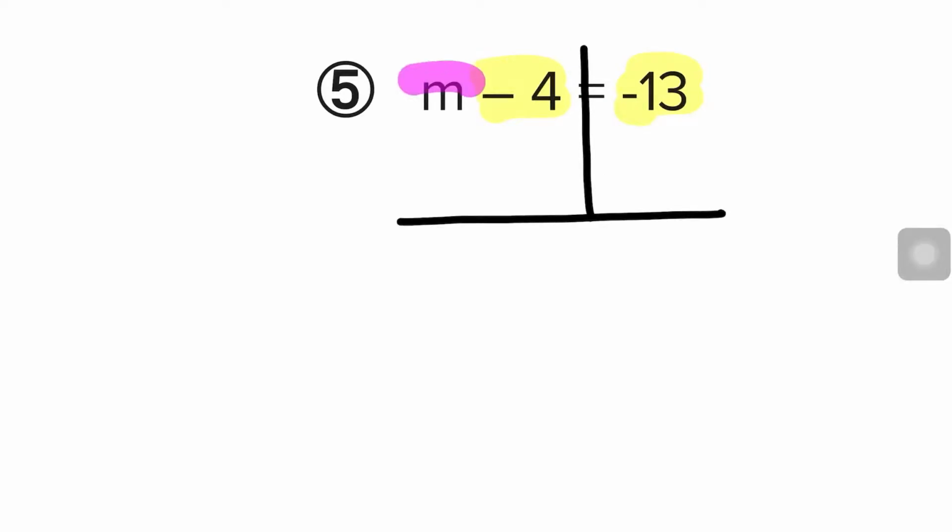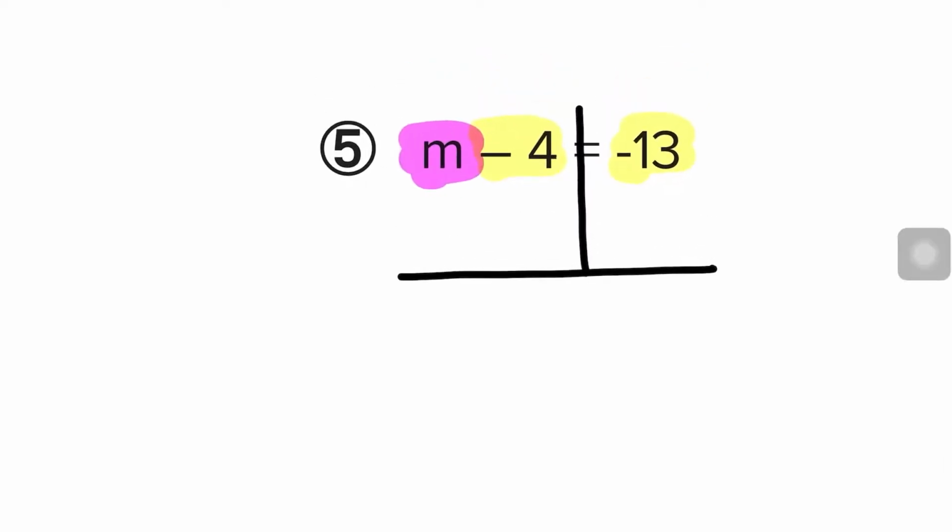And our variable is m. Now same steps. The m wants to be by itself because we are solving for that m. So that negative 4 has to go to the right side. So if I have a minus 4 or negative 4, the inverse operation is to add 4. Add 4.